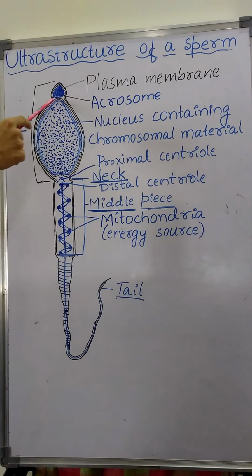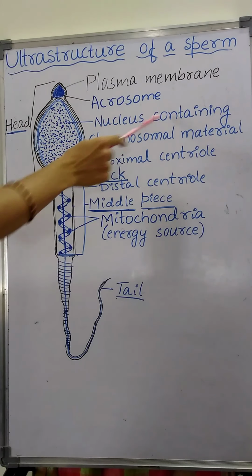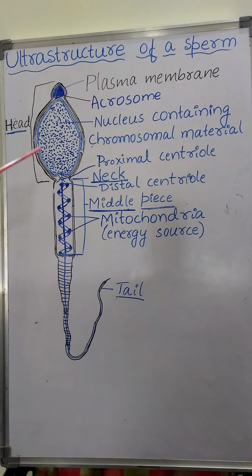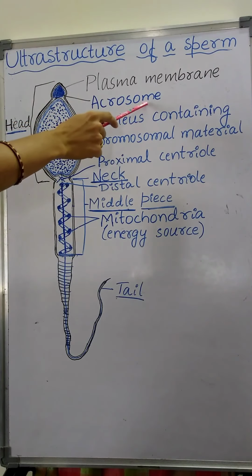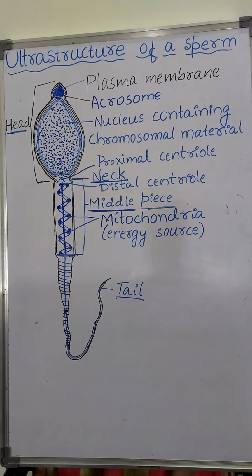This nucleus contains chromosomal material, a haploid or one set of paternal, meaning father's, chromosomes. The anterior two-third portion of the nucleus, anterior meaning upper, is covered by the acrosome, a cap-like structure.